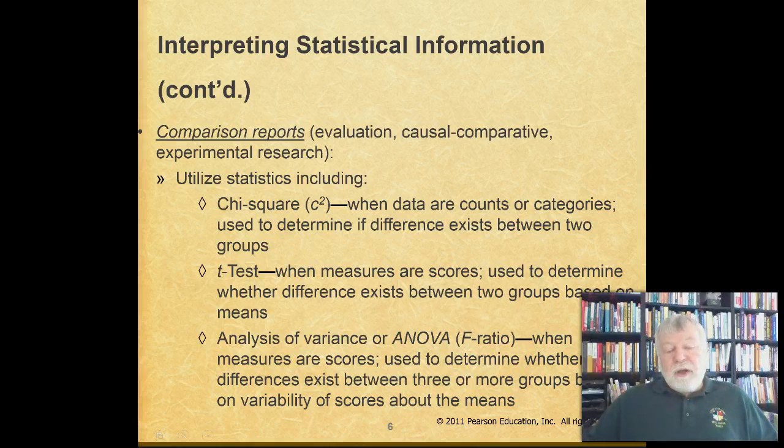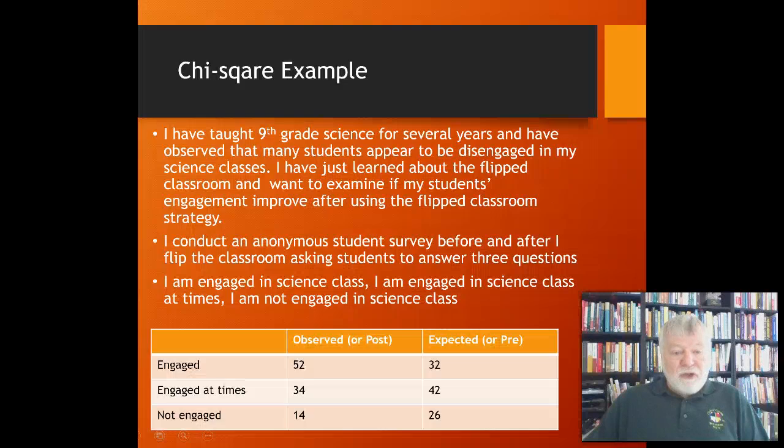When we are looking at comparative research, we often use different types of statistics. Three primary ones: the chi-square, the t-test, and the ANOVA, which are described here, and I will give an example of each. The chi-square.